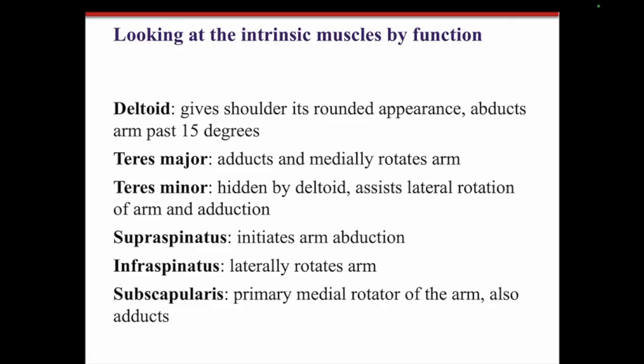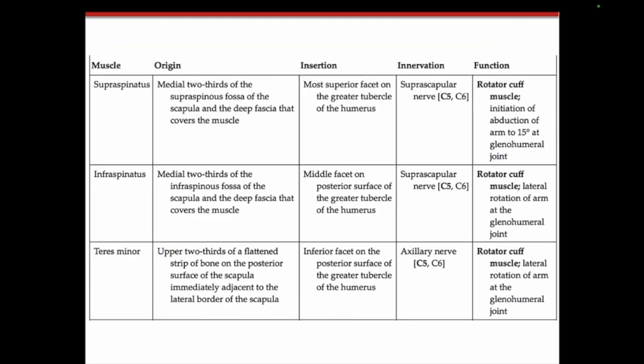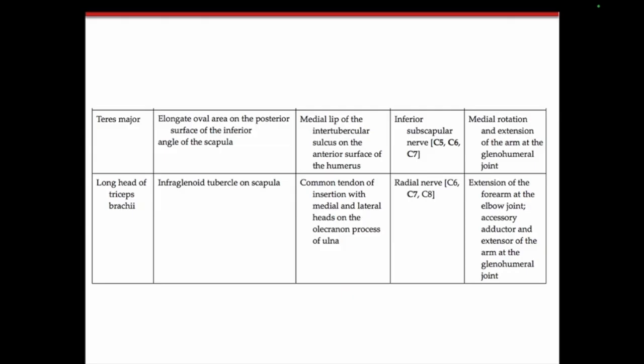The teres major is a medial rotator, and the subscapularis is considered to be the primary medial rotator. Normally, medial rotation goes with adduction, but you can't always get that type of association. So here, once you put everything together, don't forget which are the rotator cuff muscles and the main functions of the muscles.